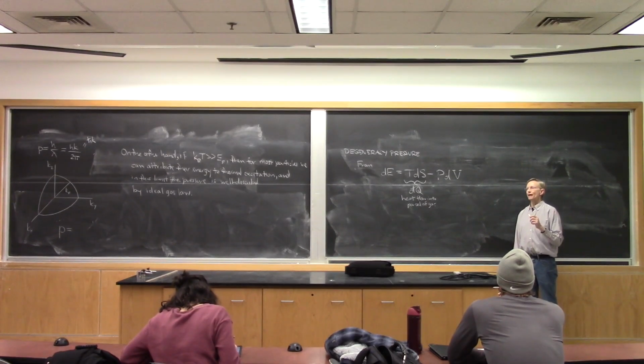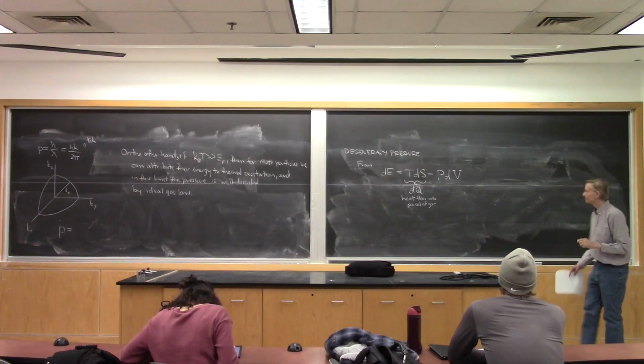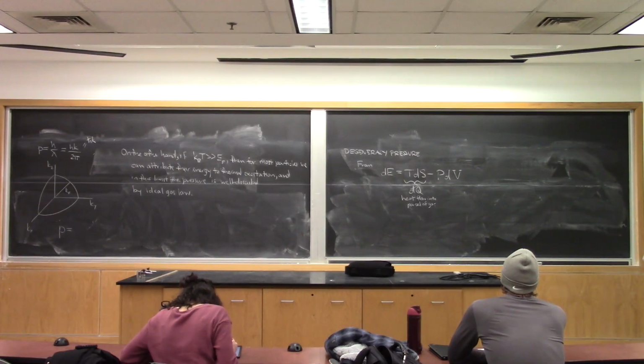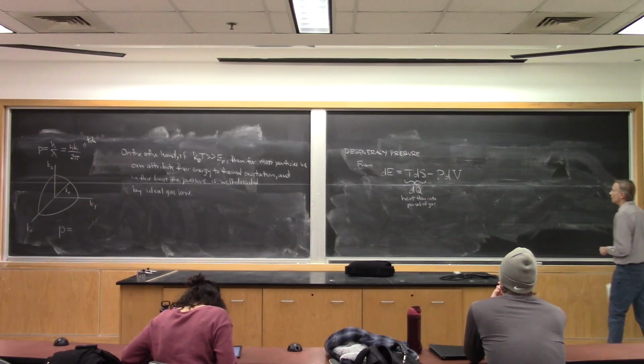Q is not something that's independent of the path the system takes to get to its present state. Whereas entropy is a state variable. It doesn't matter how you got the system to its current state, its entropy is independent of that, but it turns out Q is not.